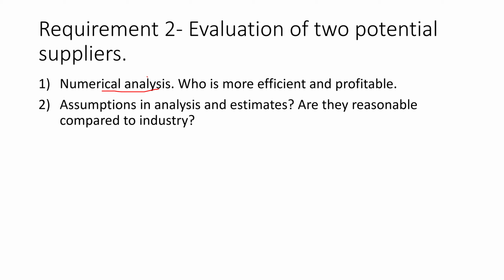So there'll probably be a calculation for profit or returns or whatever. You can find that particular calculation in the advanced information. The point of this analysis is going to tell you who's the more efficient of the suppliers and who's the more profitable. Okay, but it's not just understanding the figures, it's also understanding who's the better quality.